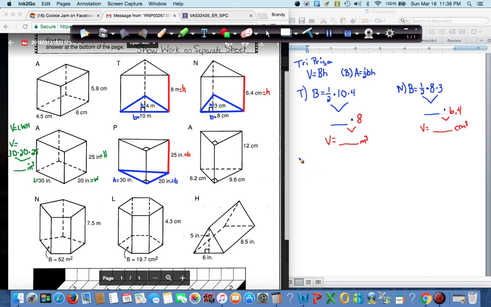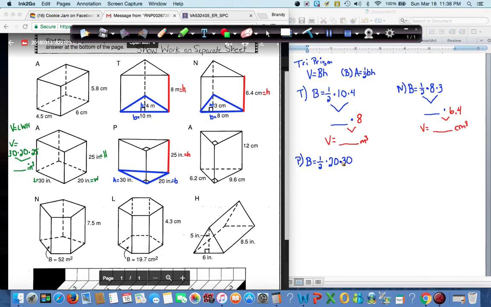Alright, so we have letter P. And again, we need to find big B first, and that's the area of the triangle. 1/2 times the little base, right? So times 20 times the little height, which is 30.